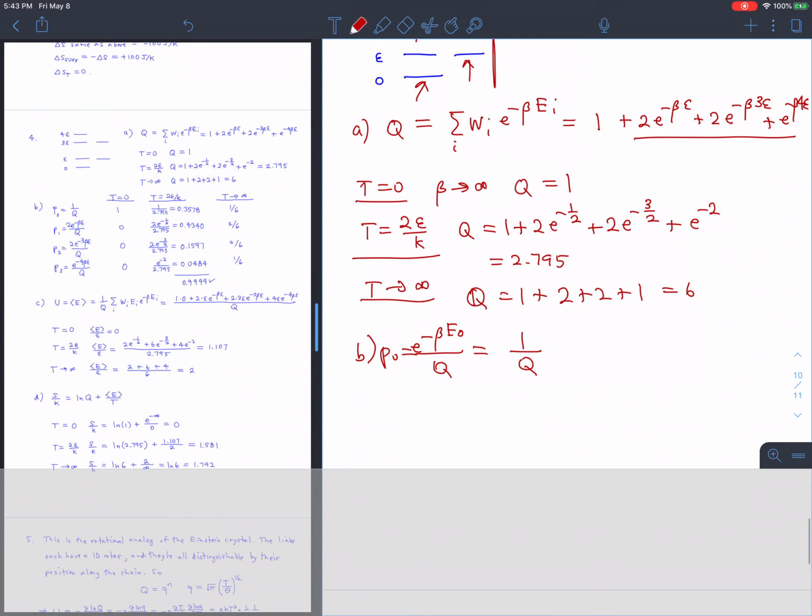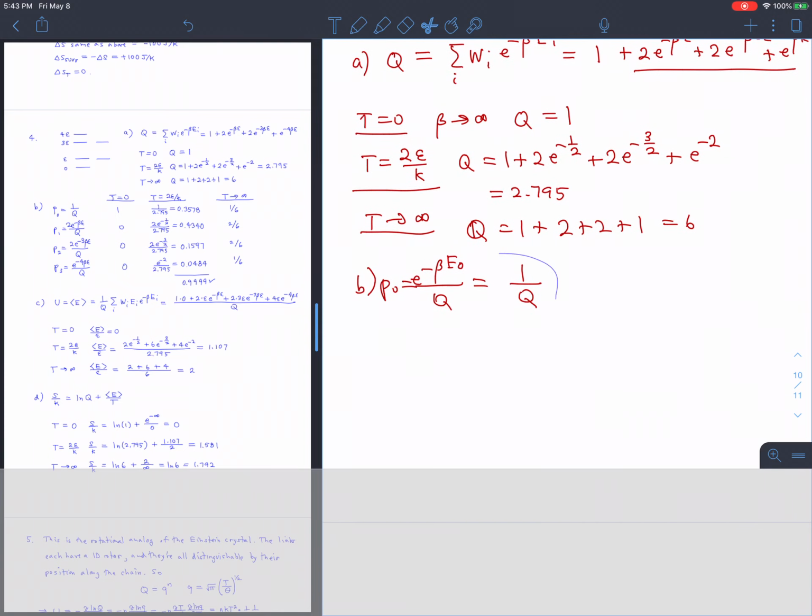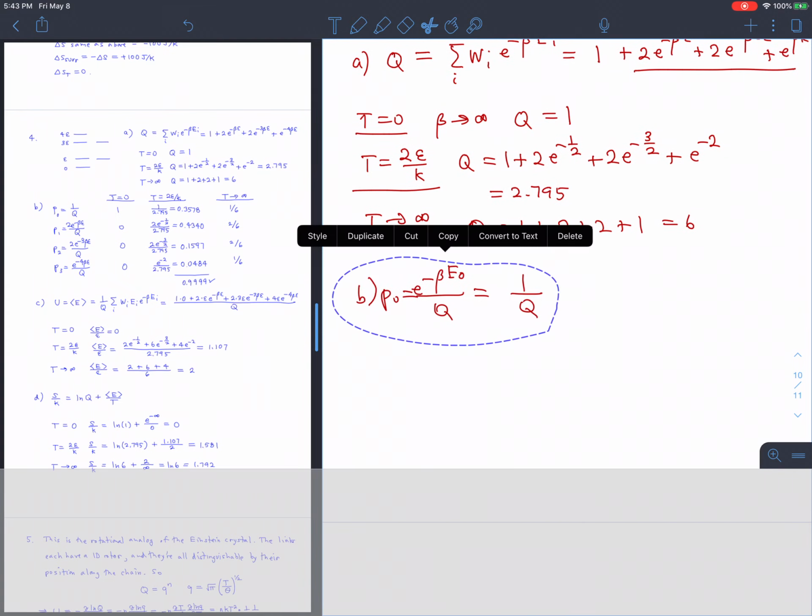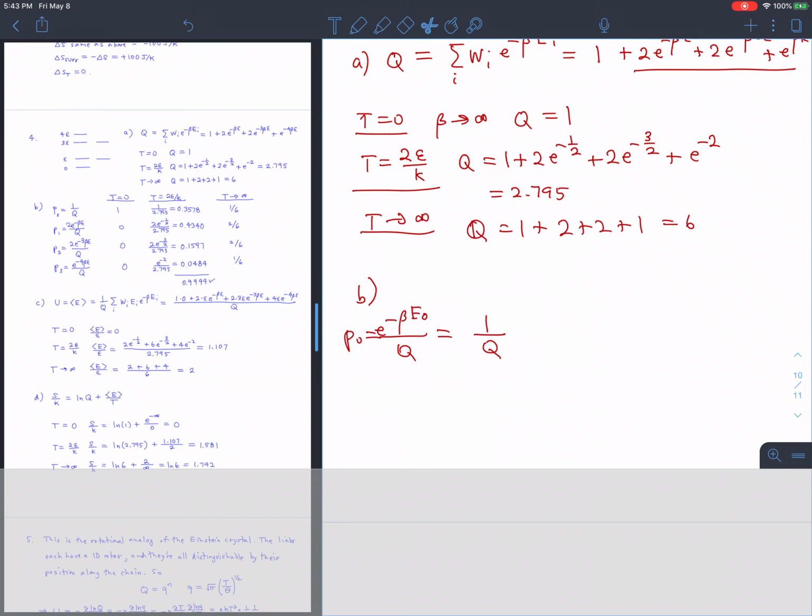So let me write that out a little better, and then we can do it systematically. Let me move this down a little bit, and then put T equals 0 there, T equals 2 epsilon over k there, and T goes to infinity there.